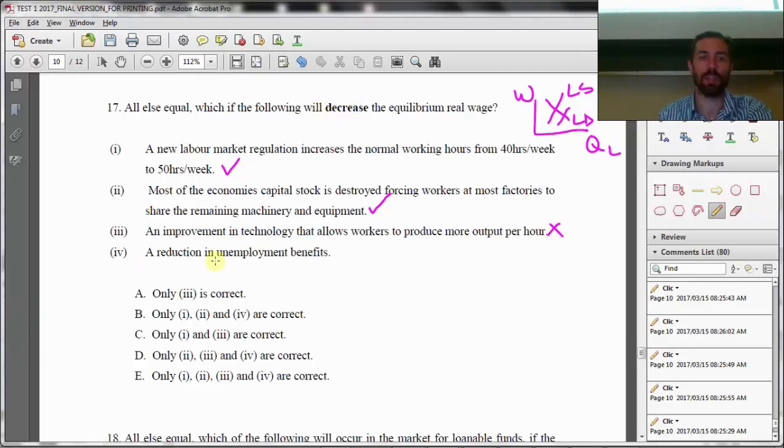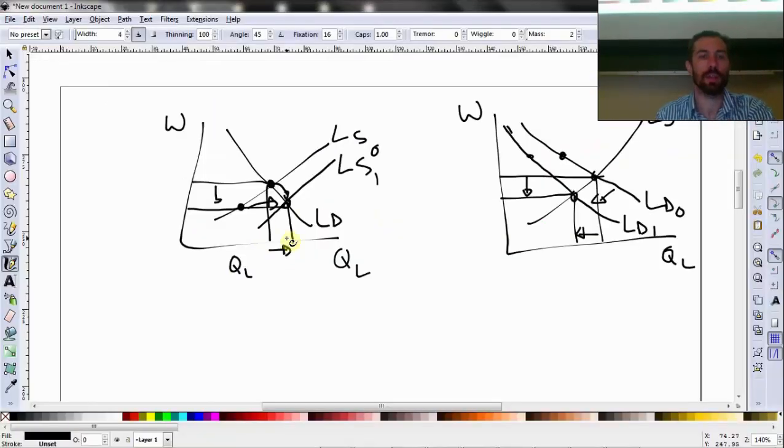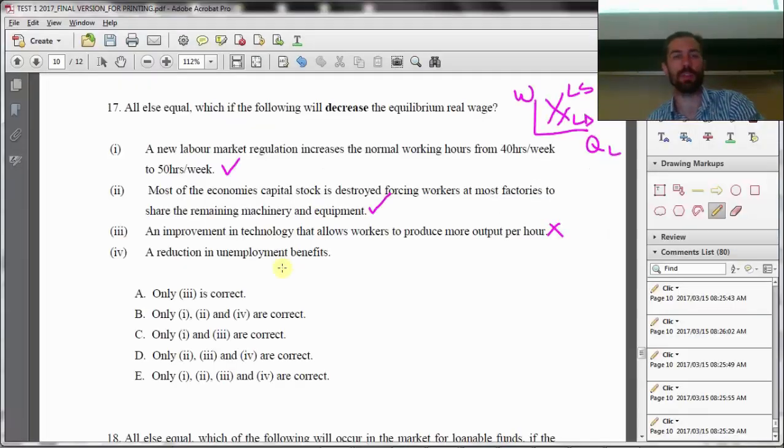A reduction in unemployment benefits. So the discussion pertaining to unemployment benefits, which again just comes from the textbook, is that when you change unemployment benefits, you change the incentives for not working, which means at any given wage rate, people are going to want to supply more labor because they have less unemployment benefit that they can fall back on.